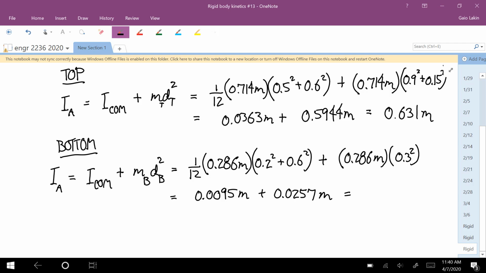And add those together and you get 0.035 m.